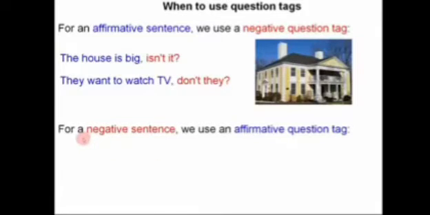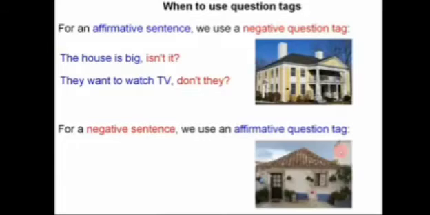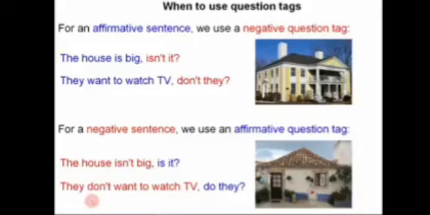For a negative sentence, we use an affirmative question tag. The exact opposite is always the case. For affirmative sentence, use a negative question tag. For a negative sentence, use an affirmative question tag. The house isn't big, is it? The house isn't big is a negative sentence. Is it is a positive question tag.